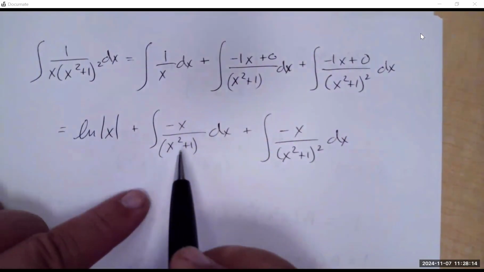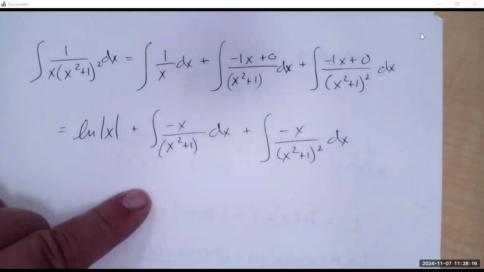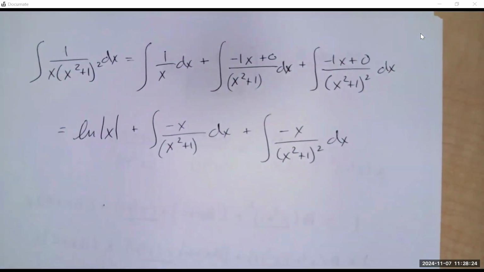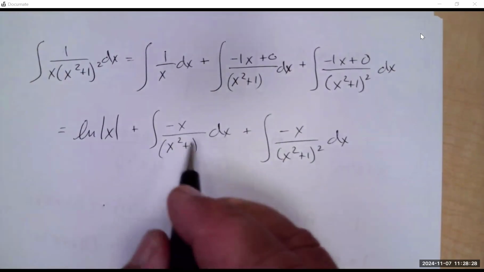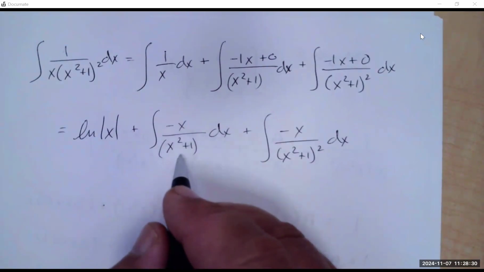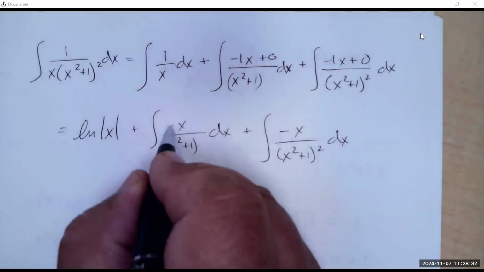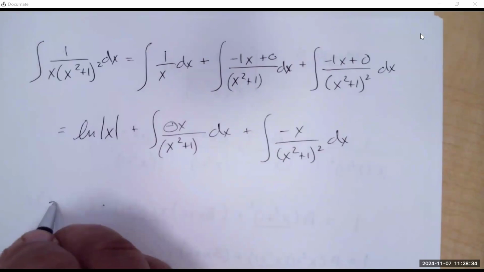How about the integral in the second one? -x over x squared plus 1. Remember, we can use substitution if it just involves numbers. In other words, is this du over u? So this negative can go out in front.